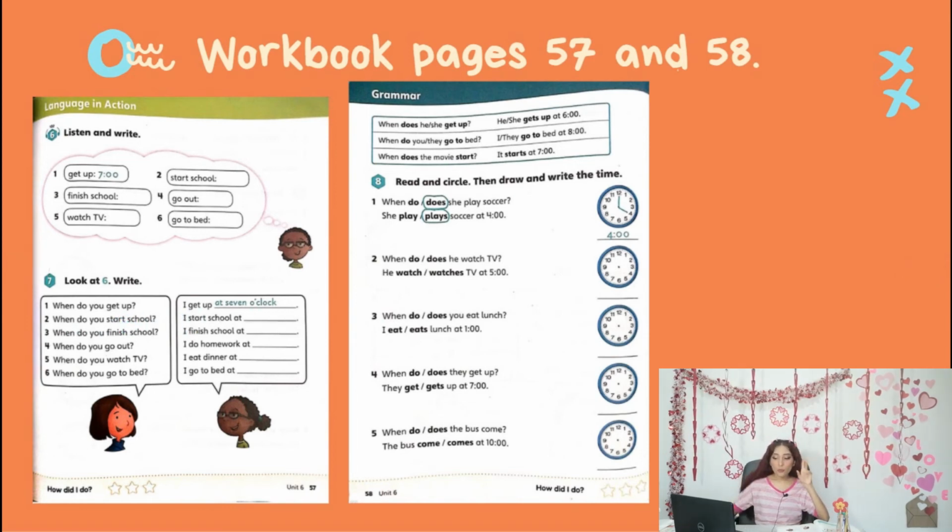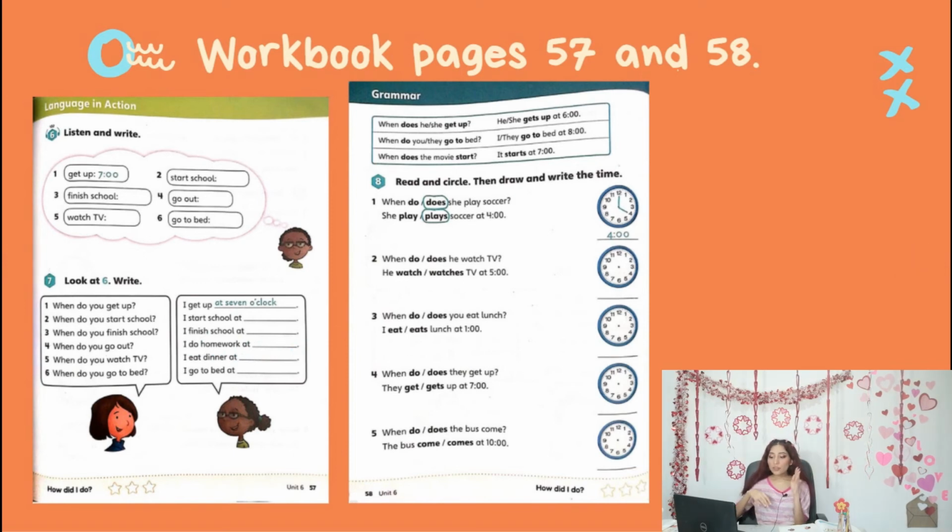Number 2, when do you start school? I start school at, y vamos a escribir la hora. Aquí sí lo vamos a intentar poner con letra, vamos a hacerlo pequeñito para que nos entre. Y si no, pues vamos a hacerlo más pequeñito. Number 3, when do you finish school? I finish school at... So number 4, when do you go out?